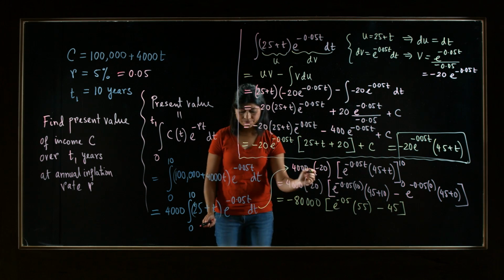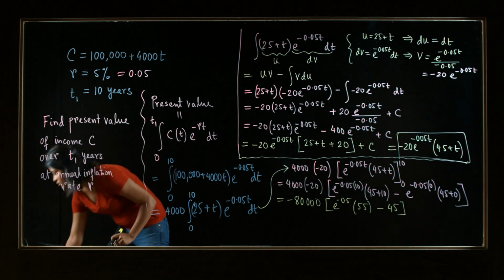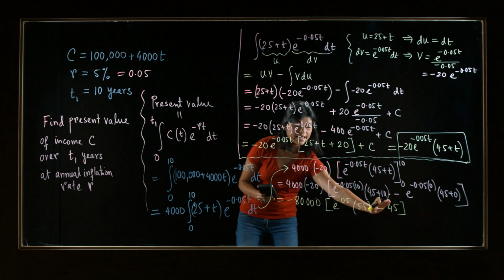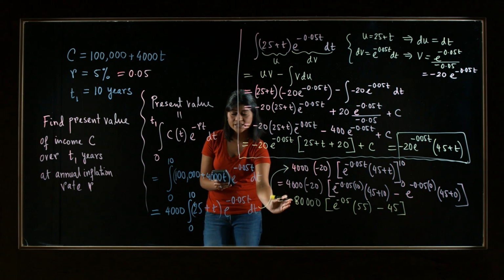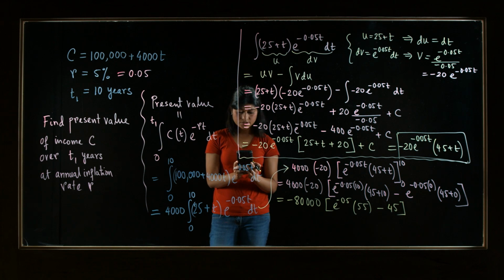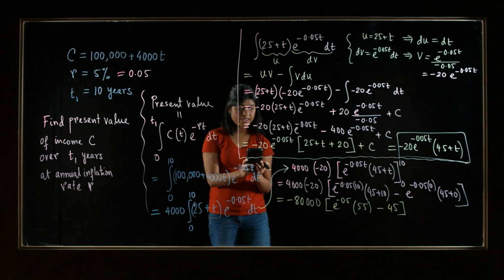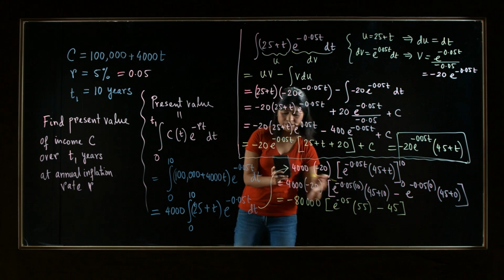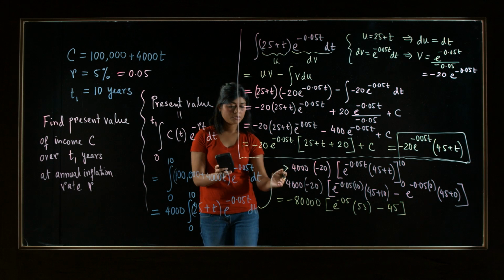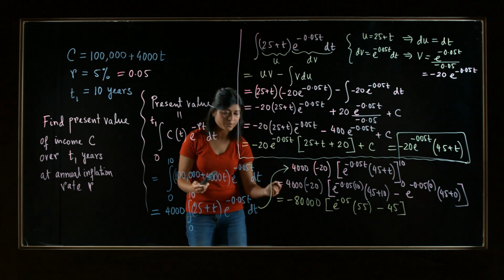All right, now let's figure out what is the approximate value, and that will be our present value. So pick a calculator and plug in this last expression. Ignore the negative sign and just plug in 80,000 times 55 e to the negative 0.5 minus 45 and enter. And you see that's a negative value, and we ignored this negative sign, remember, so the two negatives makes it a positive, and it should be positive.